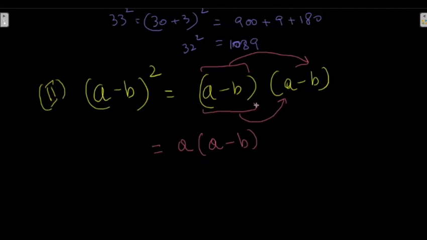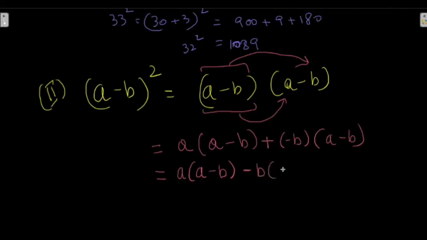So this plus and this minus becomes minus. How? I'll tell you. So let's do one more step. It is plus. Now we are retaining the sign of minus with b into a minus b. We'll write one additional step, just so that you have a lot more clarity. A into a minus b. Now this plus and minus will become minus, and will become b into a minus b.